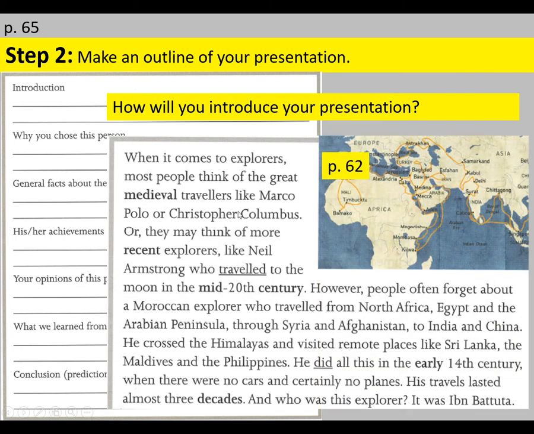Do you remember this on page 62? The topic was explorers, explorations, travelers, traveling. And here he talked about somebody, and then finally he mentioned the name. So this was a good introduction. You might want to copy this.